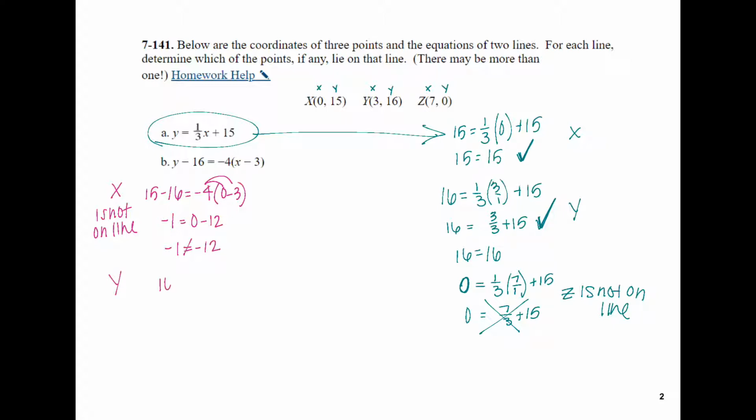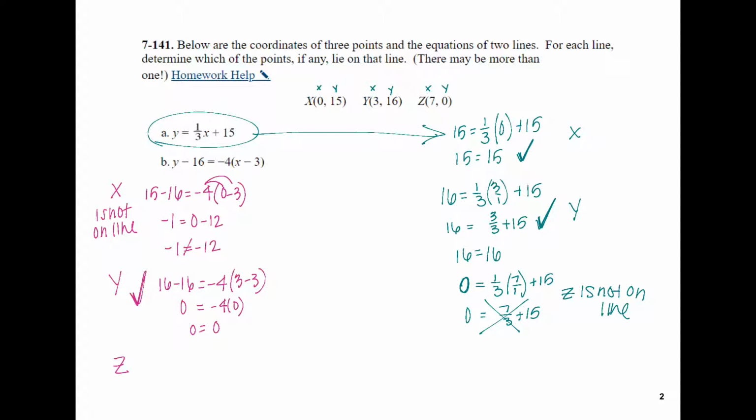So we replace our y with 16, our x with 3. 0 is equal to negative 4 times 0. 0 is absolutely equal to 0, so y, or the ordered pair (3, 16), is on the line. y minus 16 equals negative 4 times the quantity of x minus 3.